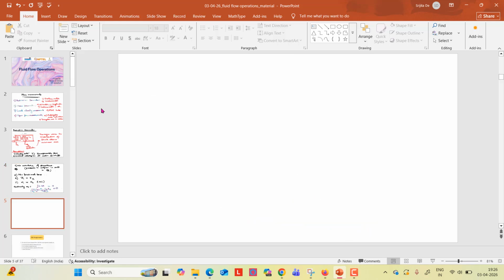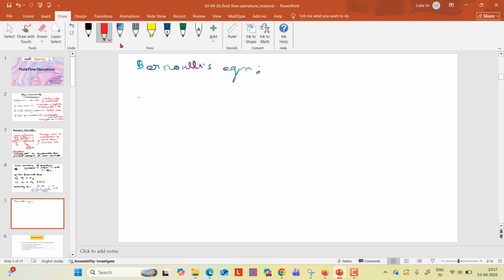Next comes Bernoulli's equation. The general Bernoulli's equation is P1 by rho plus alpha 1 V1 square by 2 plus Z1, which is not here, so I am taking it equal to P2 by rho plus alpha 2 V2 square by 2.